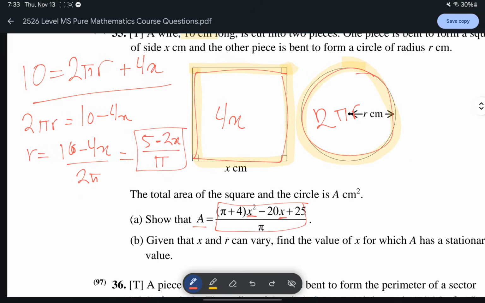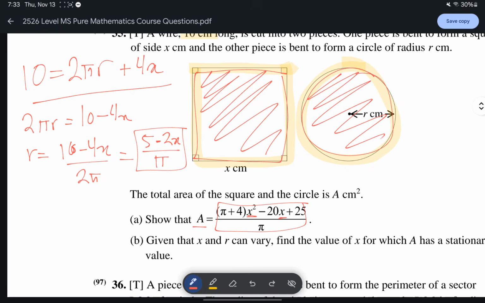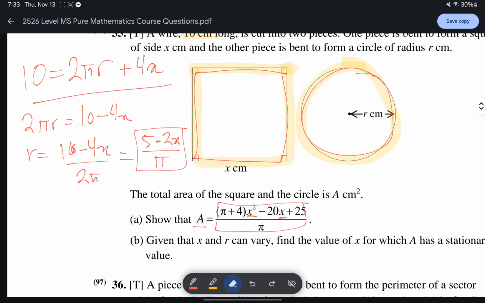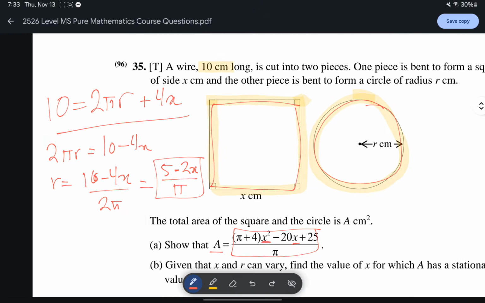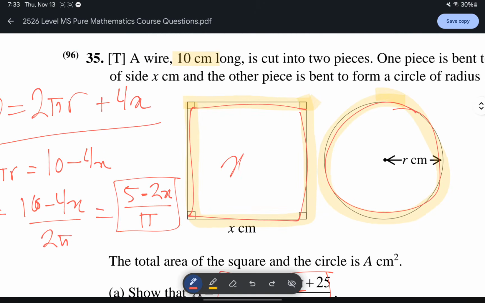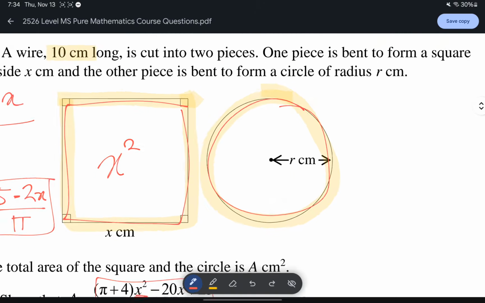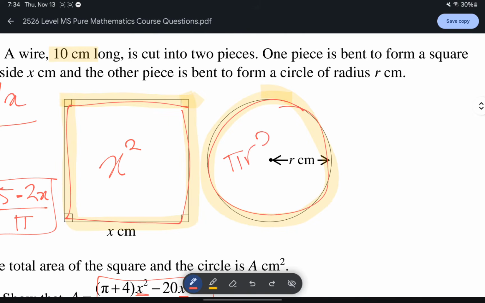Now they want the area. The total area is this part plus this part, and they want us to add these two together and get its final equation. The area of the square is side times side, so x squared. And the area of the circle is pi r squared.